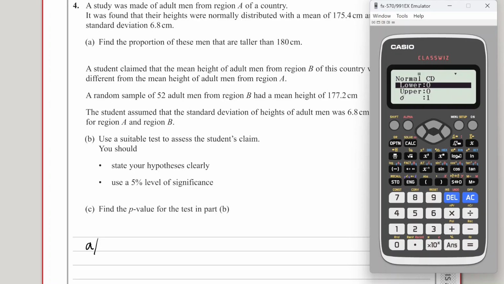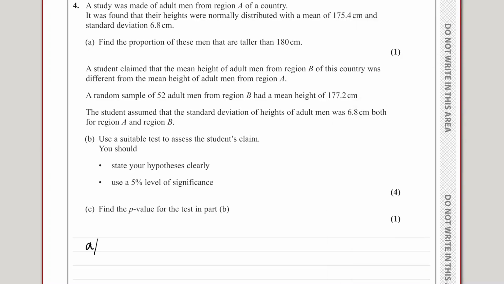Taller than 180, so the lower is 180. The upper, let's just pick a huge number. Standard deviation is 6.8 and the mean is 175.4. So we get 0.249. So the probability is 0.249.